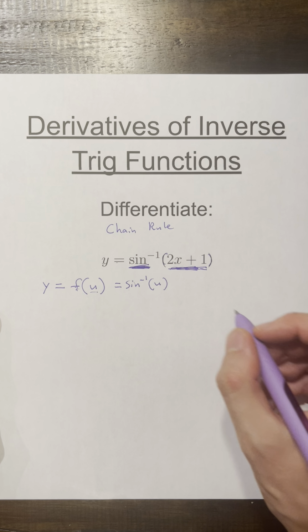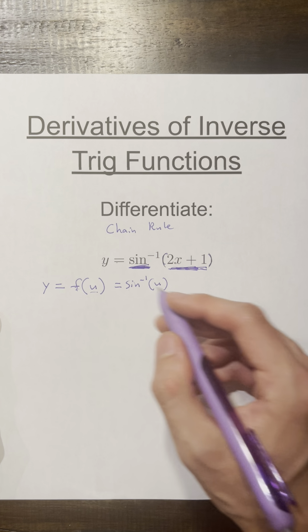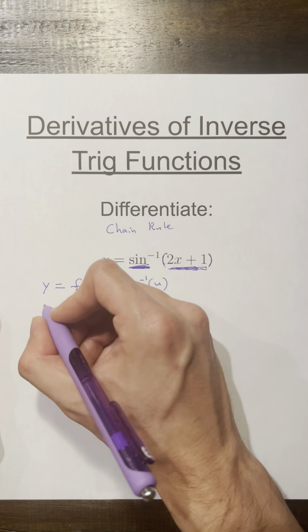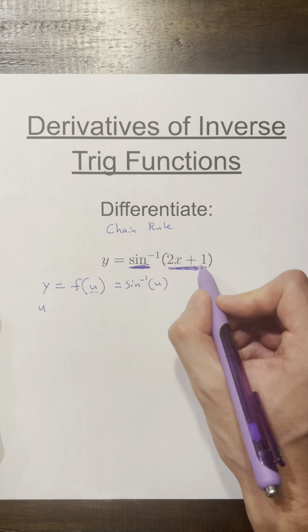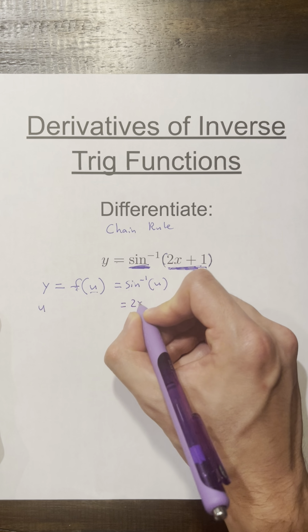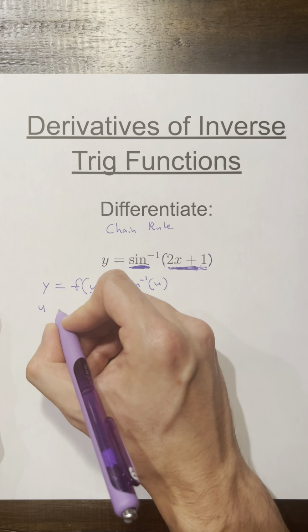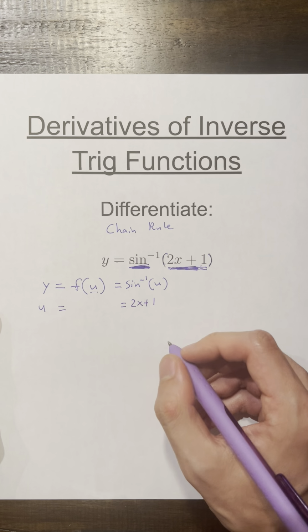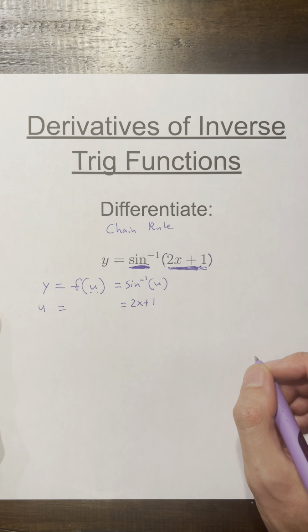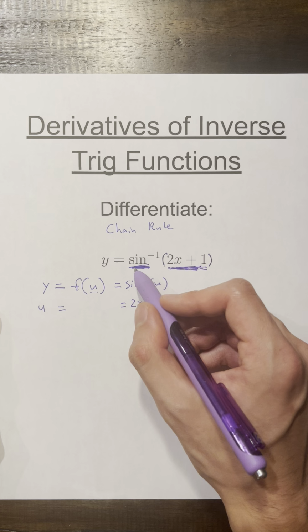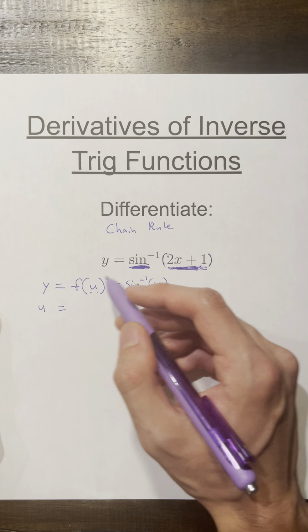Okay. And what was u again? U was this. We also said that we would call the inside function what? So we called the outside function f.